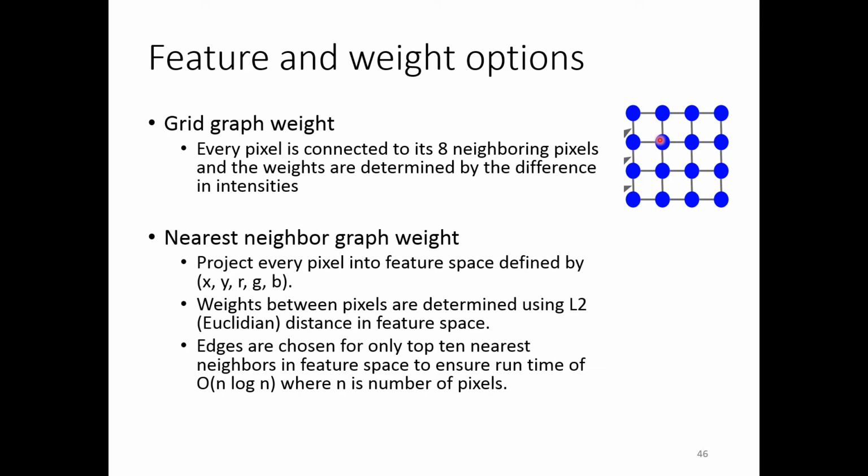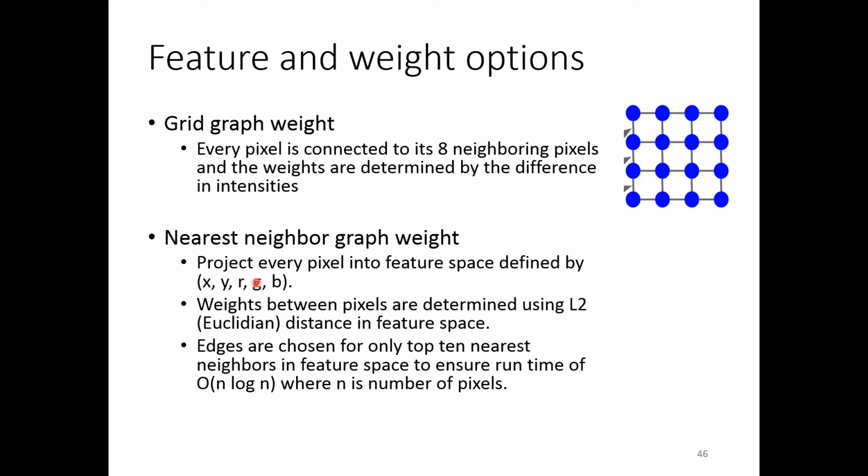So it's obvious. Another approach is the nearest neighbor graph weights. In that sense, you map into a different feature space. You can even try different color spaces, but let's say just use RGB here. So therefore, each pixel will be 5 dimensions, right? The color space, including the coordinates, so 5 dimensions there.